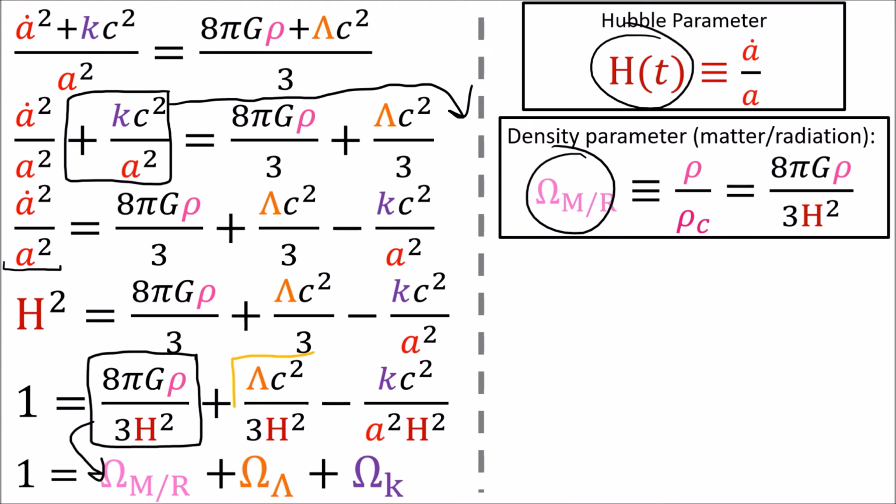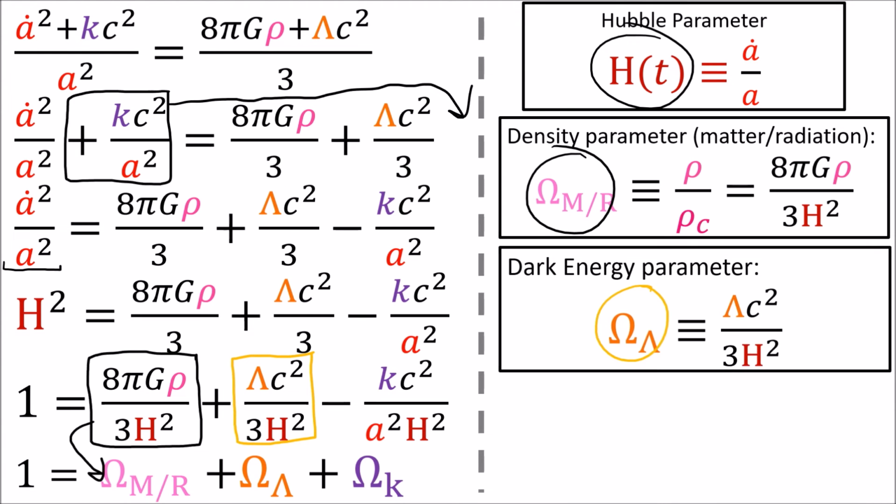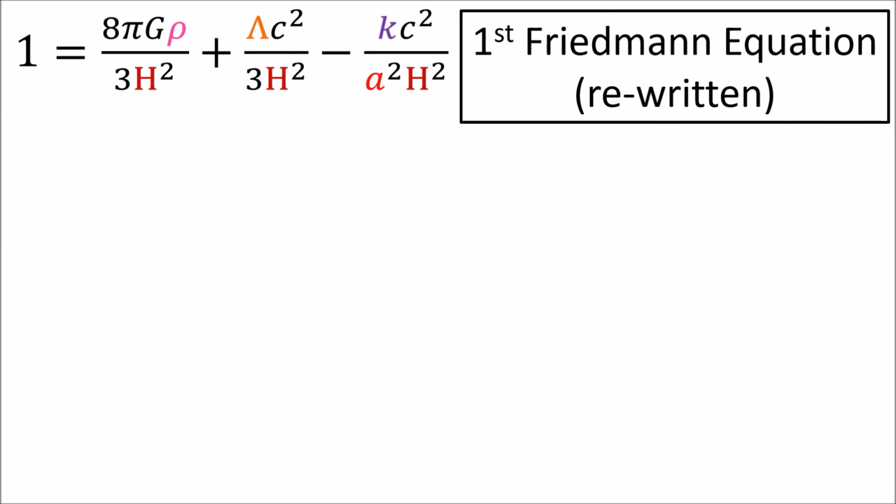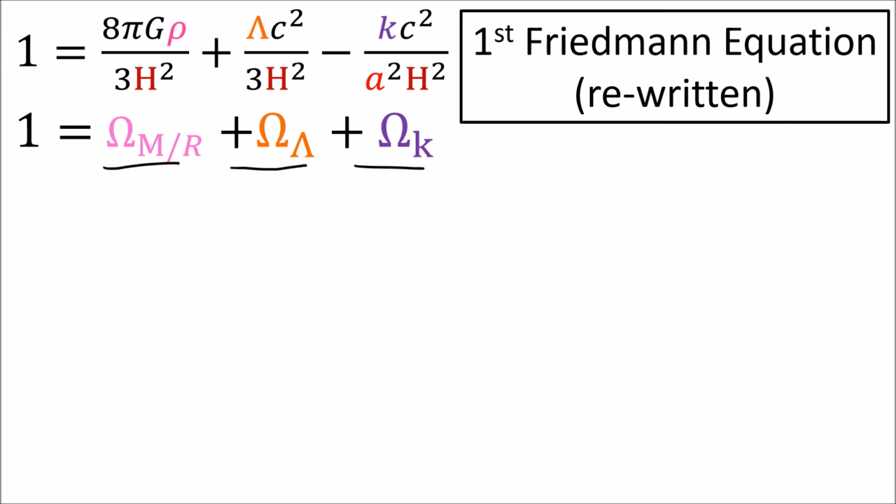We're also going to define these other two terms as the dark energy parameter omega lambda and the curvature parameter omega k. So this is an alternative way of writing the first Friedmann equation, where these three parameters sum to 1. So knowing any two of them will automatically determine the third.